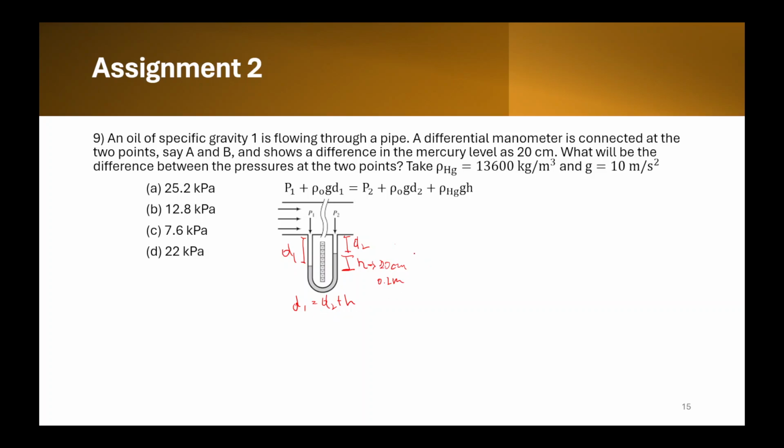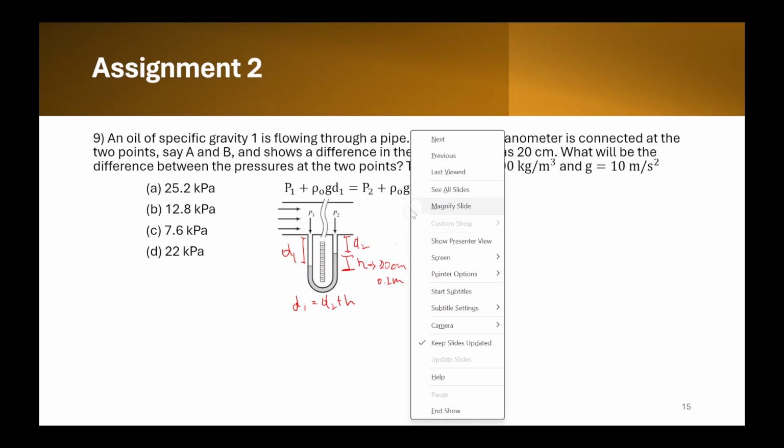So from this manometric equation, we need to find out P1 minus P2.